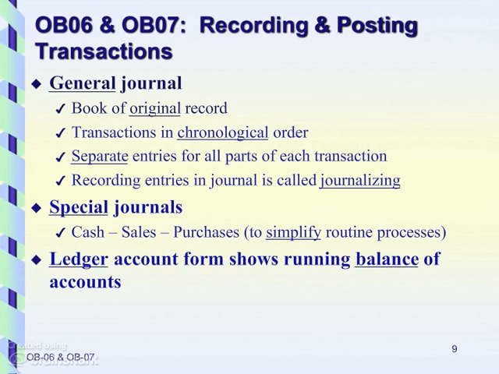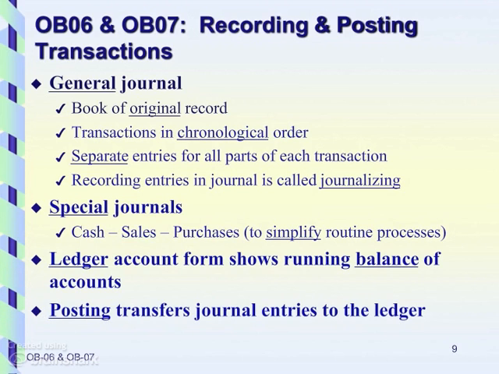So if a journal entry has a positive impact, we show the ending balance after that positive impact. If it has a negative impact on that account, we show the ending balance after that negative impact as well. So the posting transfers the journal entry from the journal to the ledger. And you can see an example of that on page 112 in your book.